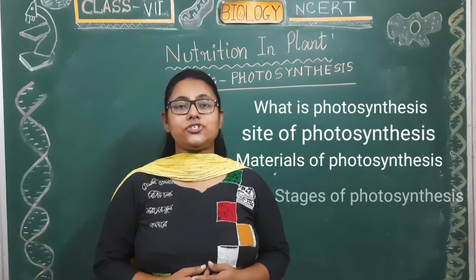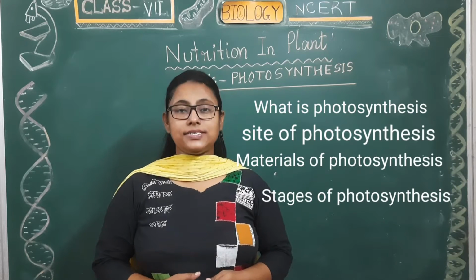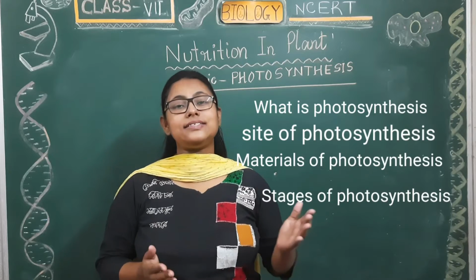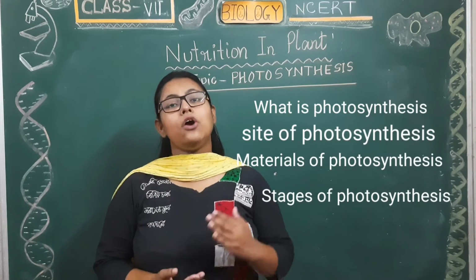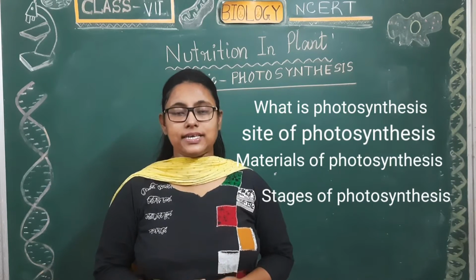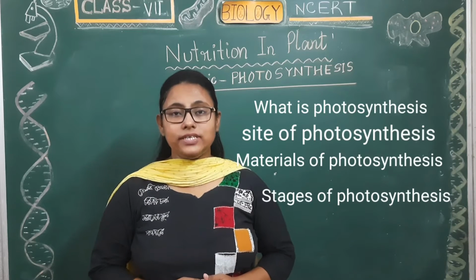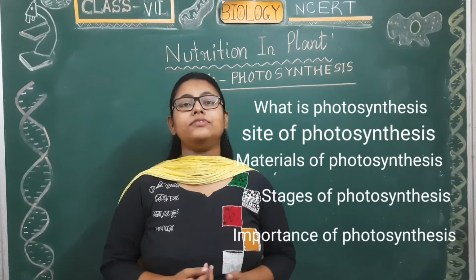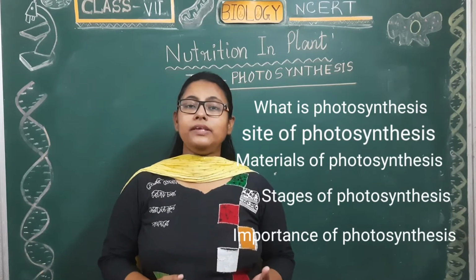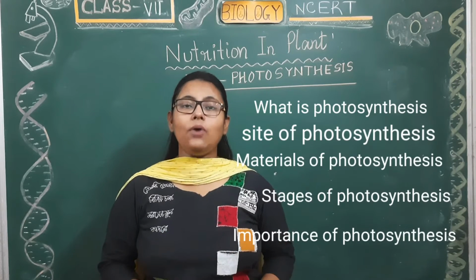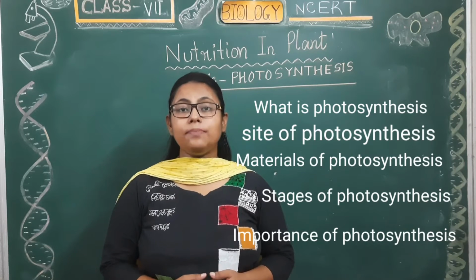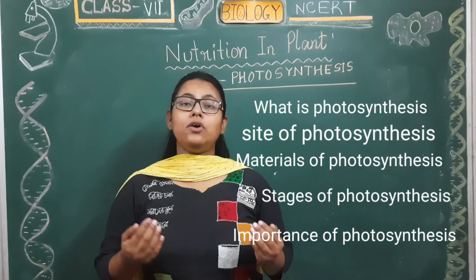And after this topic we will discuss the main stages, or rather the steps, of photosynthesis. One by one we will discuss them, and at the last of this topic you will read about the importance of photosynthesis. You know very well how photosynthesis is needed in our ecosystem, right?